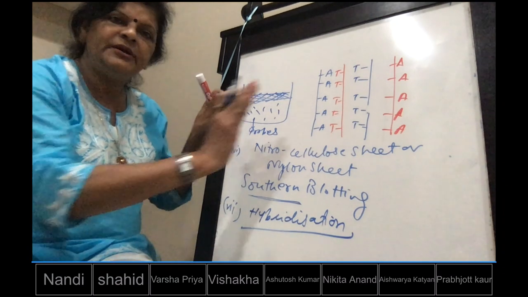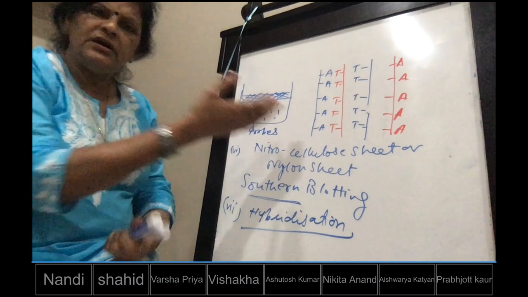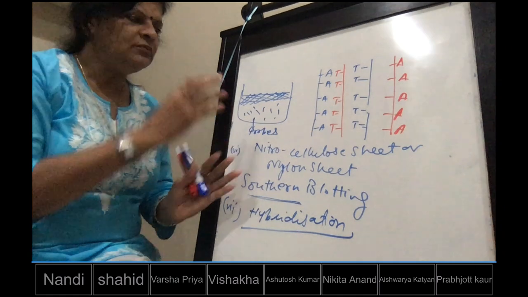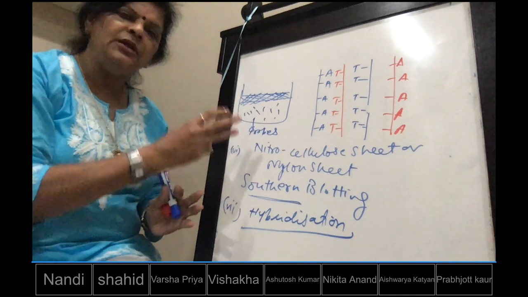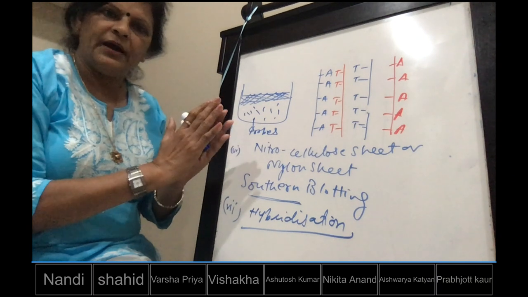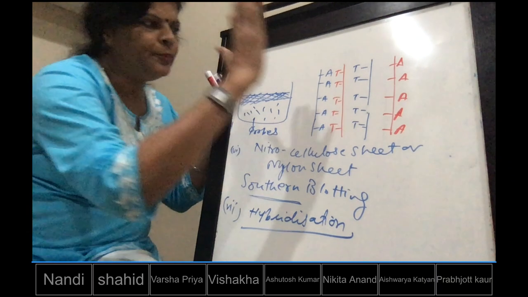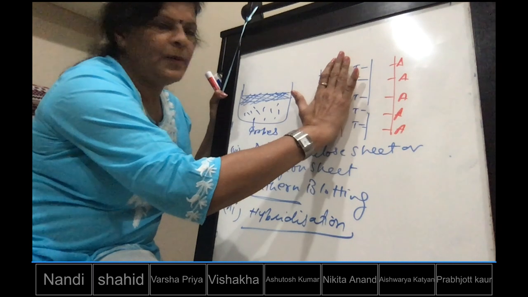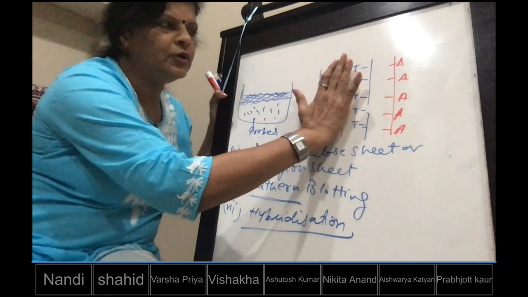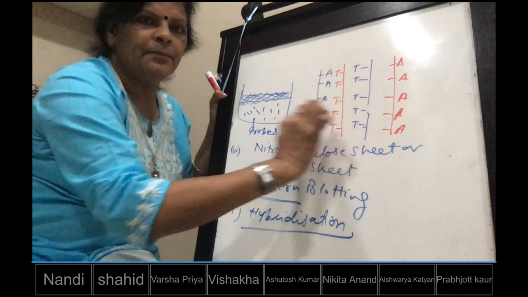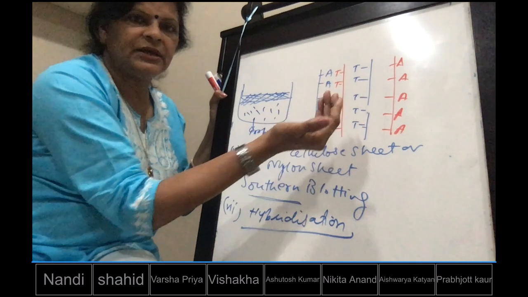So after hybridization is over, suppose the VNTR is 3, then the 3 probes will attach and hybridize. After hybridization, if I put an X-ray film on top, it will show banding because radiation will be emitted from here.